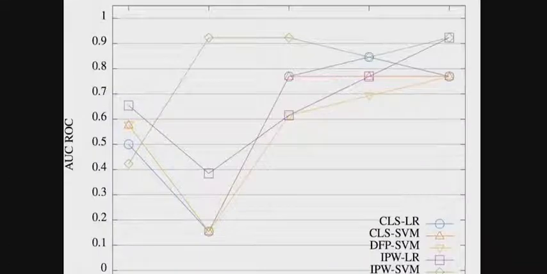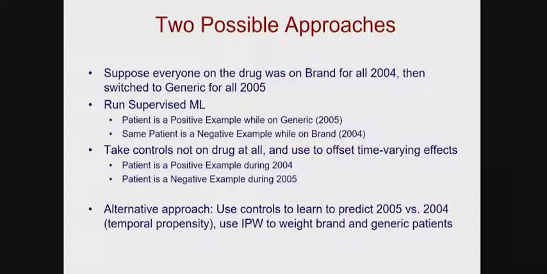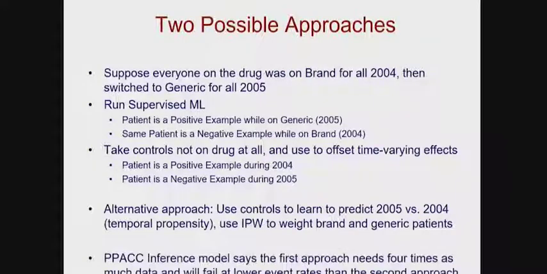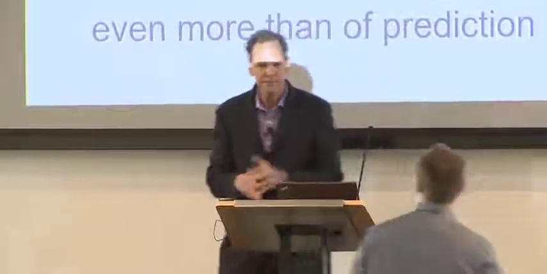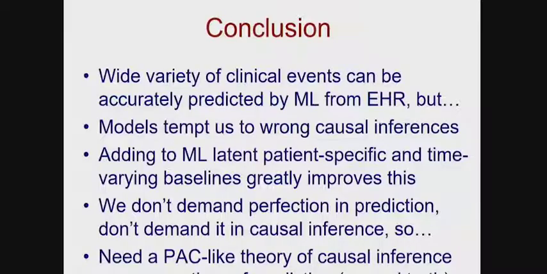In some synthetic data, these are the IPW-based approaches, and these are just adding the control data to the cases, and it supports what the model says. But at this point, I'll just put up my conclusion slide because I'm over time by a couple of minutes. Thank you.